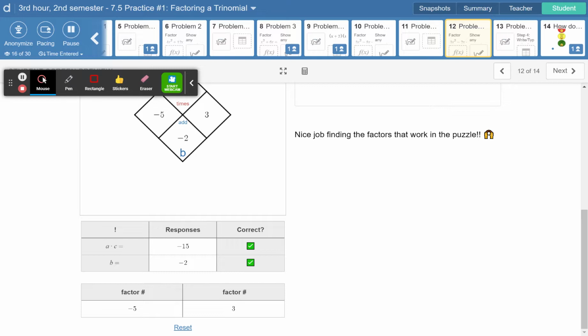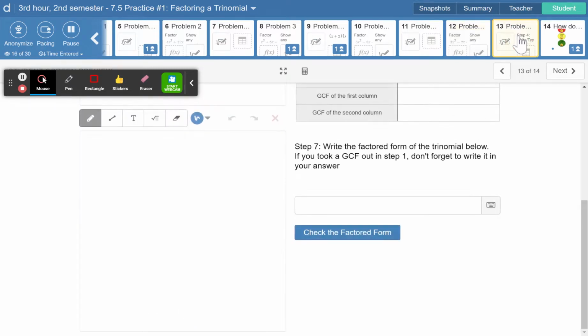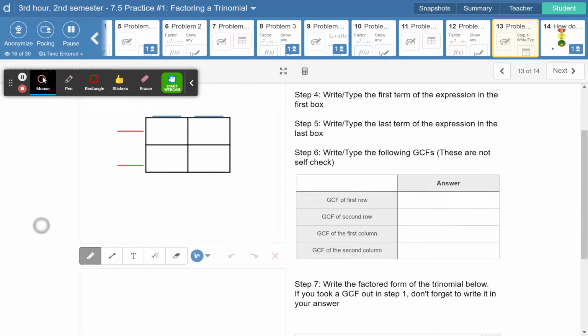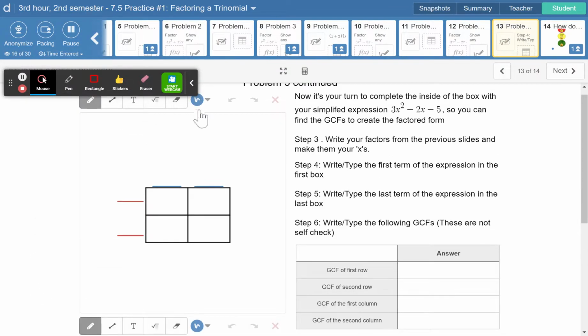Now these two numbers, this is how you're splitting up the x's. So you need to write in this box the negative 5 and the 3, and you're going to put the x.